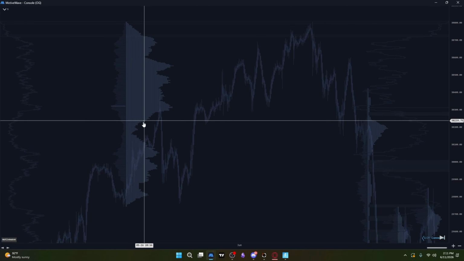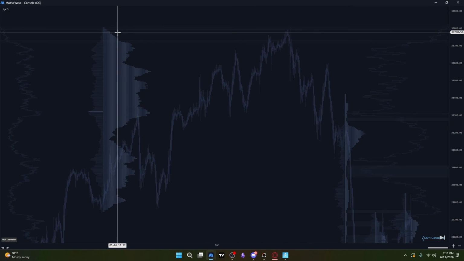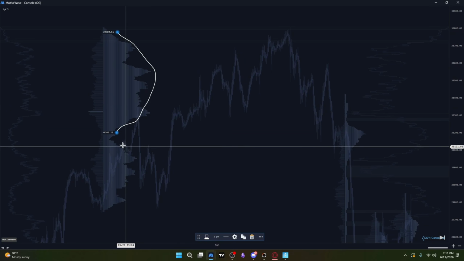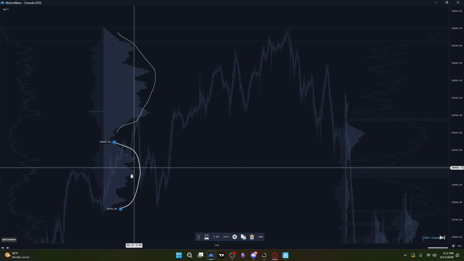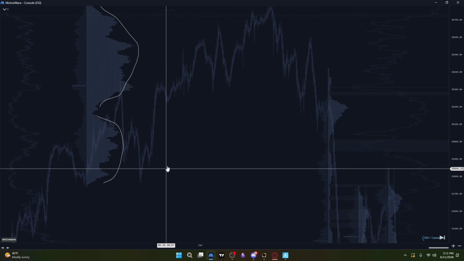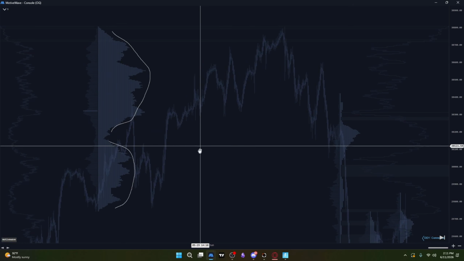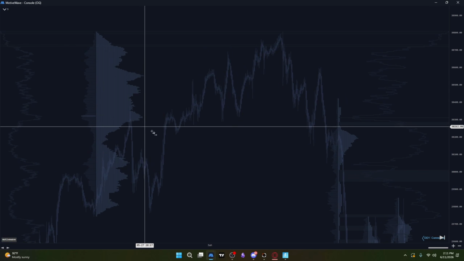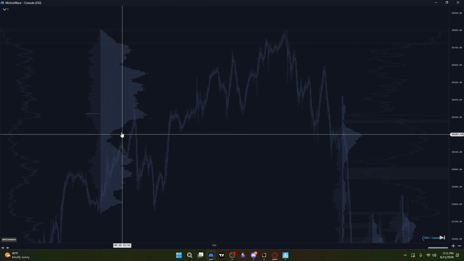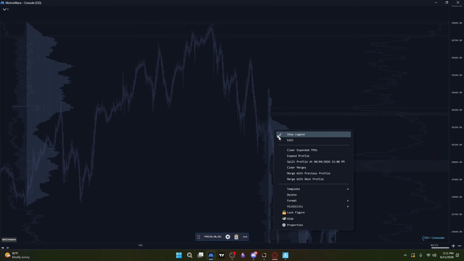Now, the end of that balance, because a balance would be like a D shape. So we have two balances here. So now I want to merge this one.